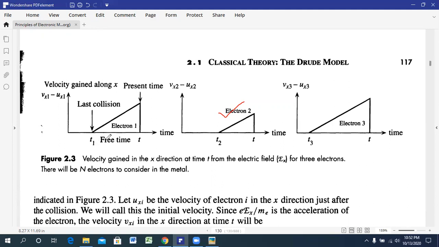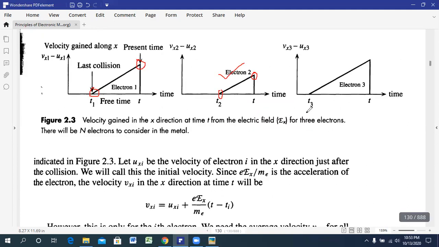Let us assume the first electron is at its first position at t1 and moves to these positions at time t. Similarly for t2, it moves to these positions at time t, and so on. Now we know that, so I think I need to share these things on the whiteboard.